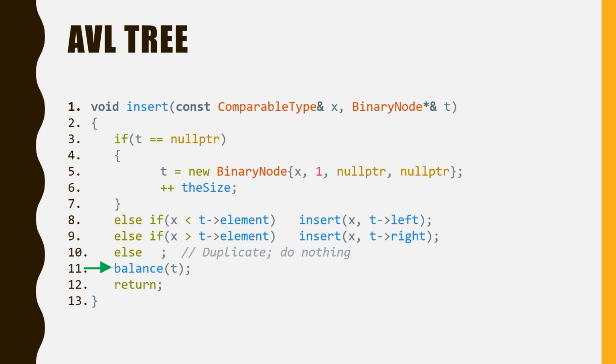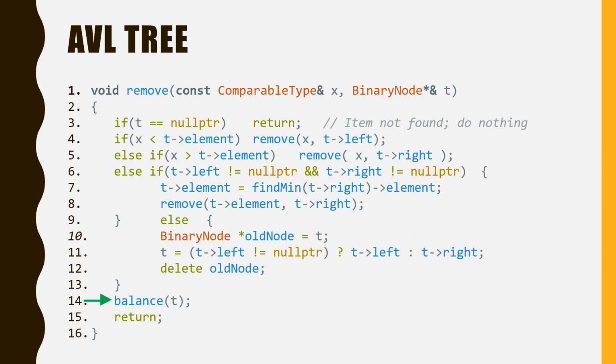Therefore, including the function will not increase the time complexity of the insert function. Similarly, in the remove function, we call the balance function at line 14 to restore the AVL property if necessary.